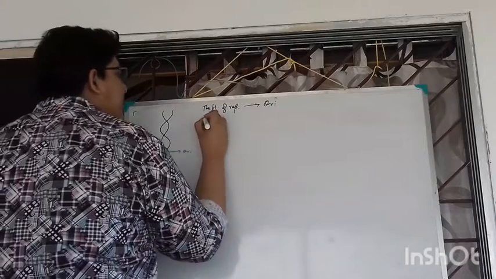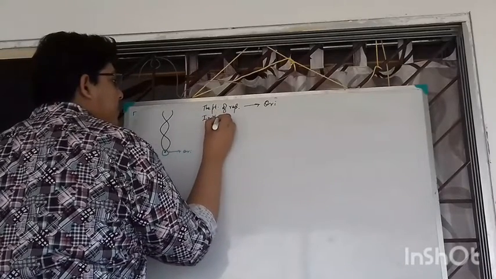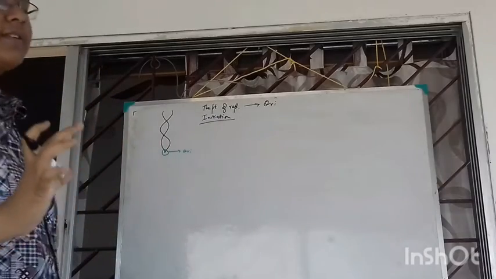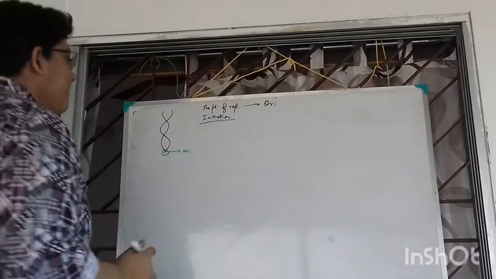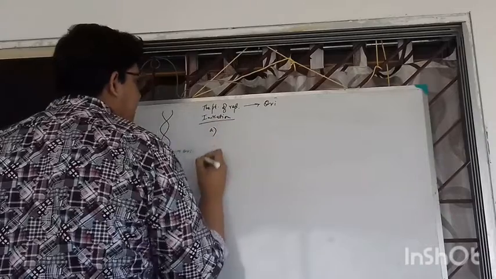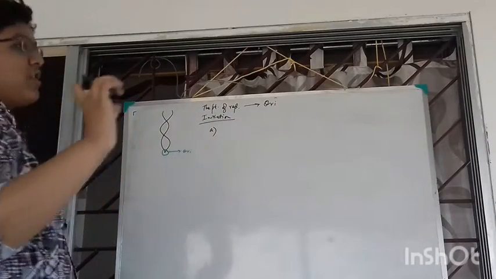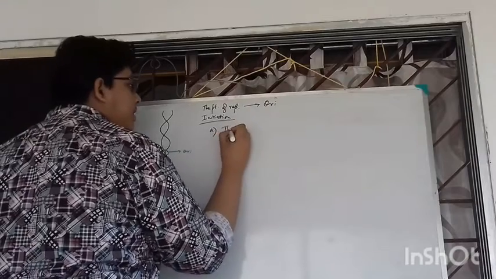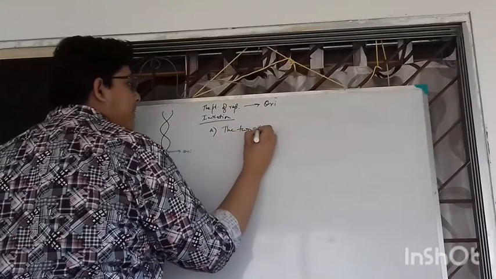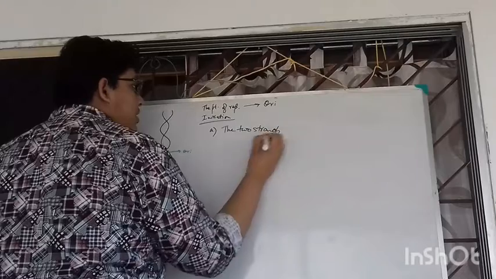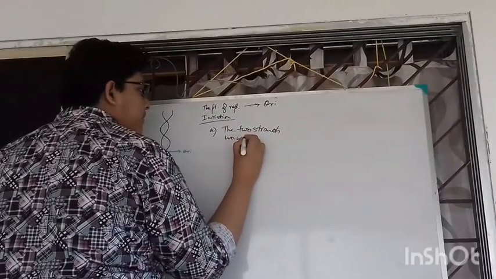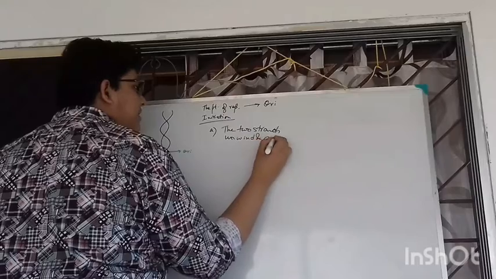So the first phase is initiation. What are the events that take place in initiation? Number A, the enzyme and the function. I will be discussing like this. The two strands unwind and separate.